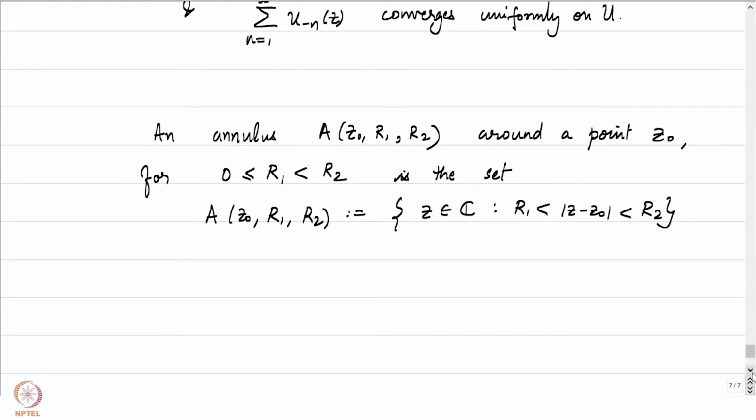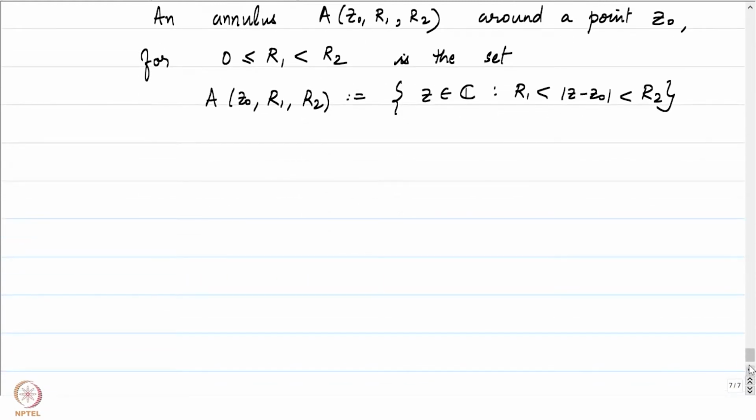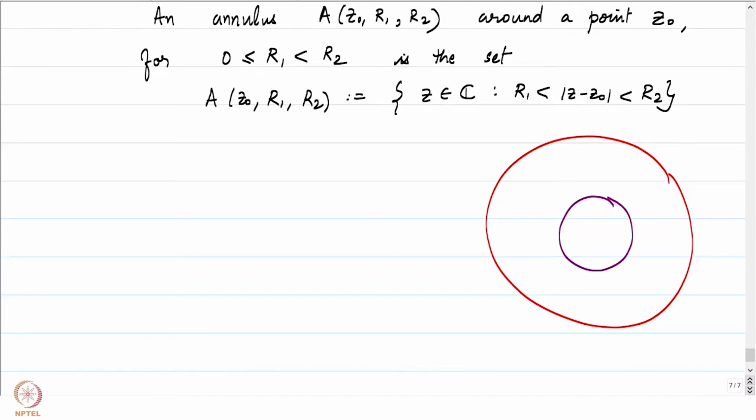Let me draw a picture to describe what the annulus is going to be. The red is going to be the circle of radius R2, and the violet is going to be the circle of radius R1 around the point Z0. So, this is R1 and this is R2.